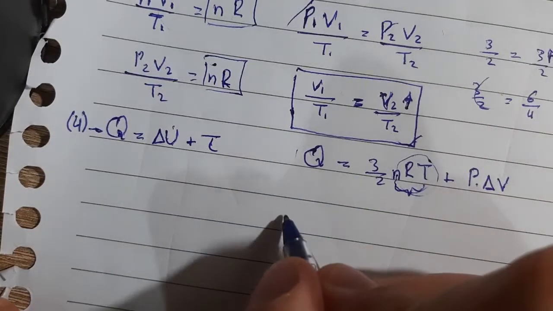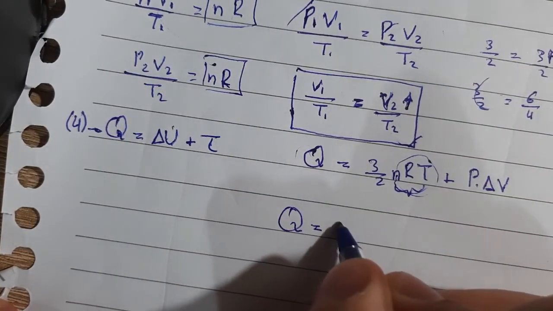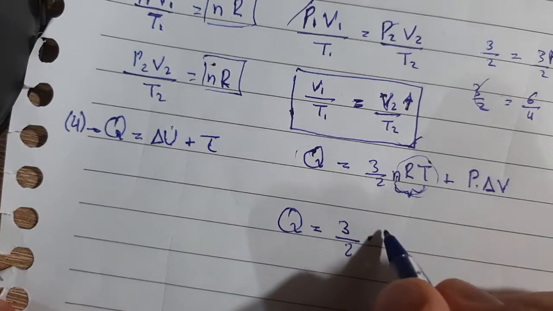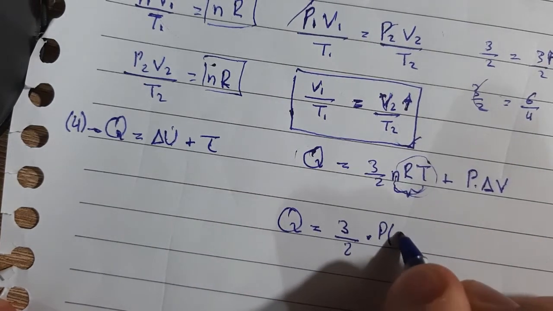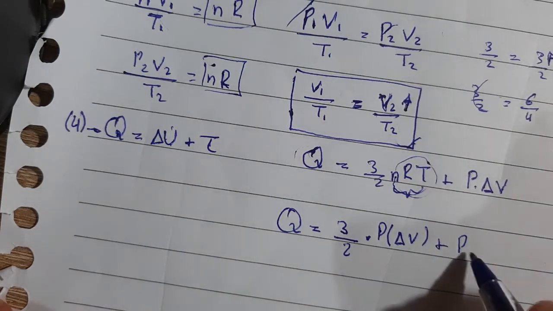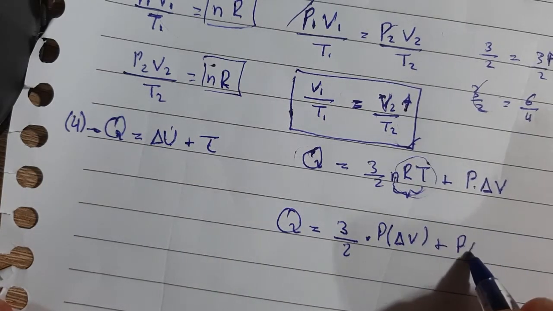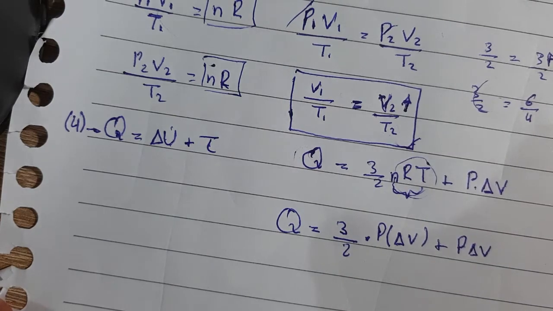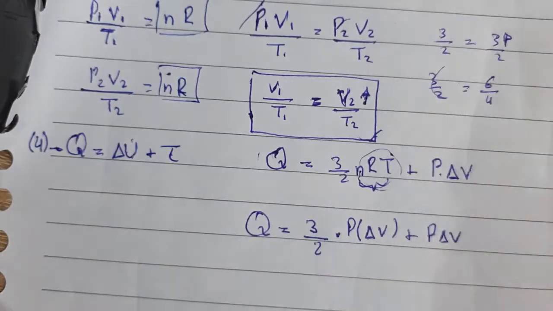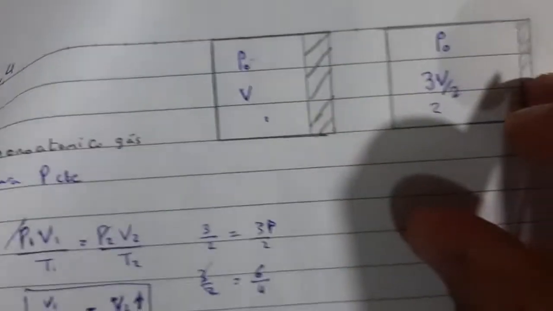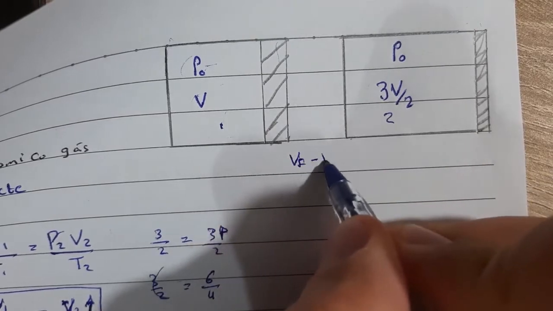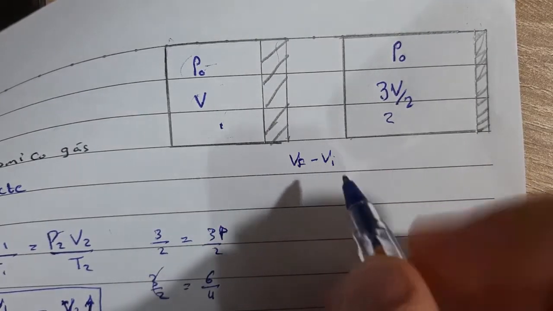So the heat, what the question wants, is 3 divided by 2 P times the variation of volume, plus P times the variation of volume. And now, what is the variation of volume? The final volume minus the initial volume, right?